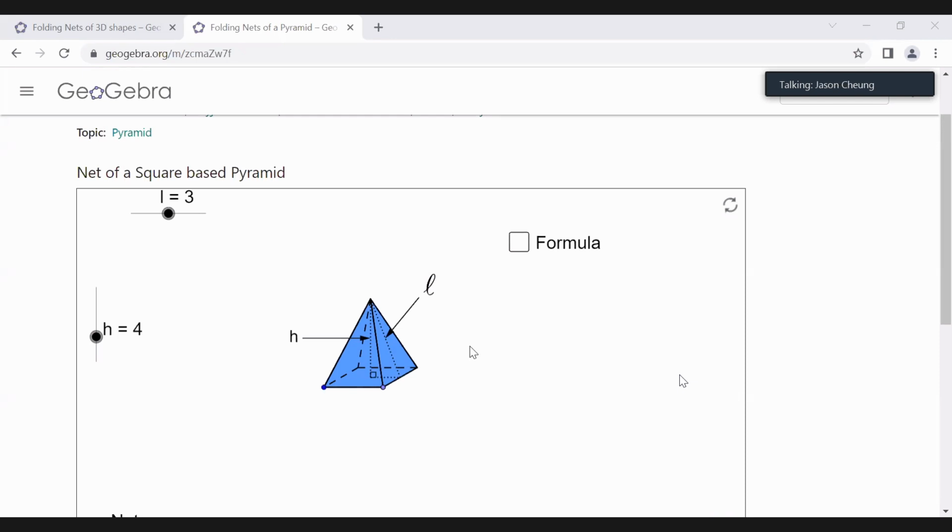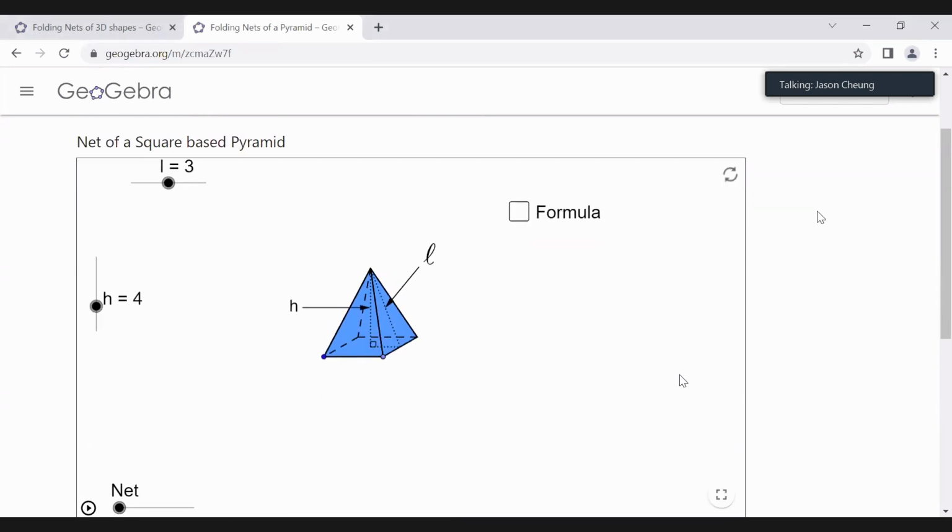Okay, you may ignore the formulas and ignore the H and L, because here it actually shows the formula to find the volume, right? But I think it is not the volume, this is the surface area. I'm not going to discuss too much because it is not important here.